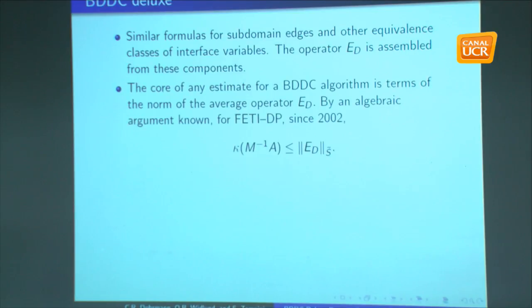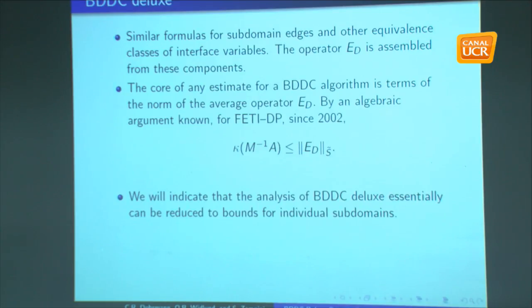So the core of the estimate, as I already mentioned, is this formula: the condition number of the preconditioned system is bounded by the S tilde norm of the average operator. This is very good because it focuses the mind. We know exactly what we have to look for.